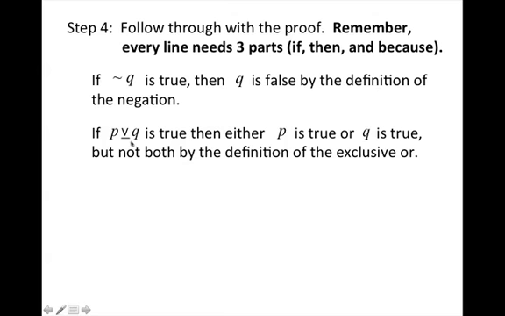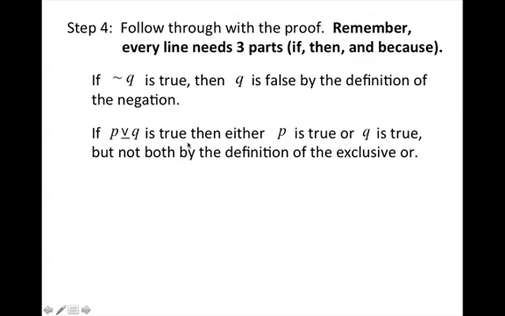We're going to begin with our or statement, and let's just remind the reader or remind the grader what that means. If P or Q is true, then either P is true or Q is true, but not both. And our reason is definition of exclusive or. So I have my three parts.